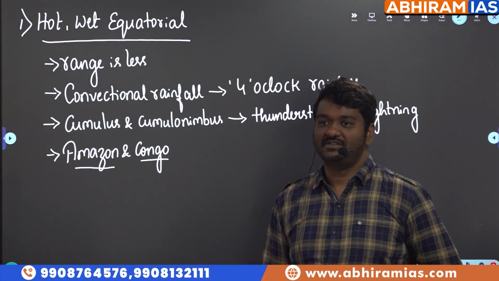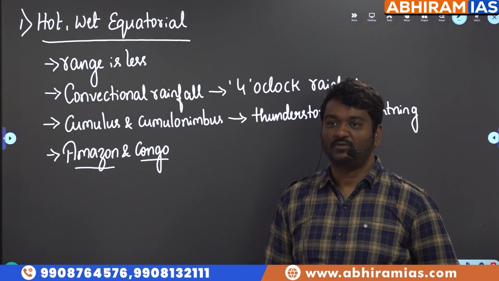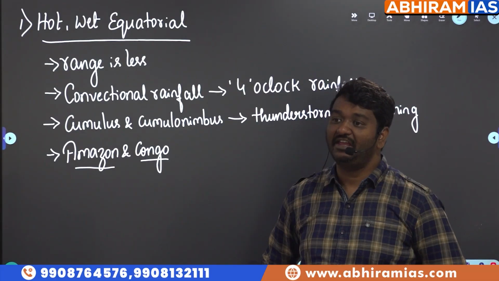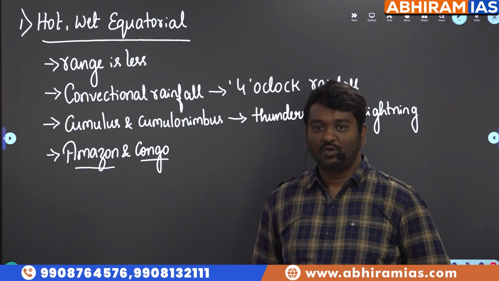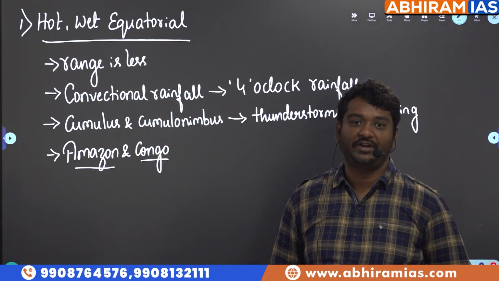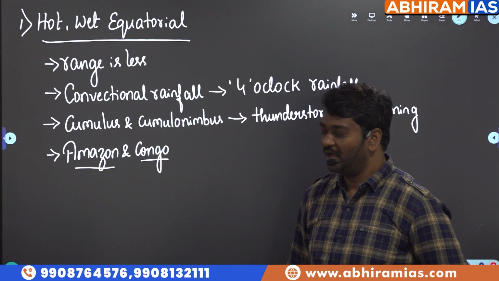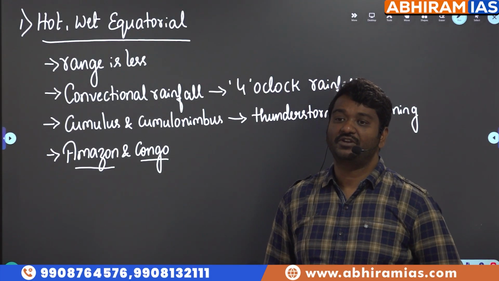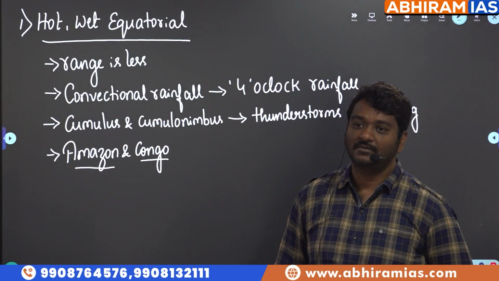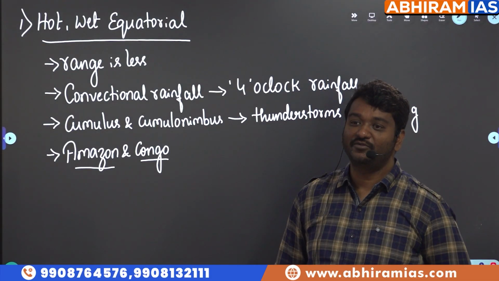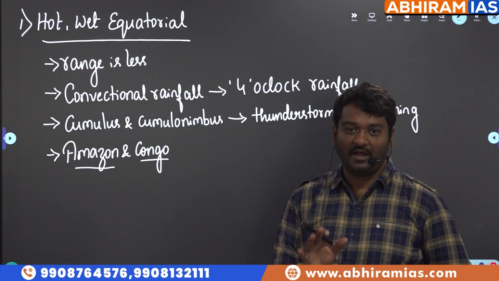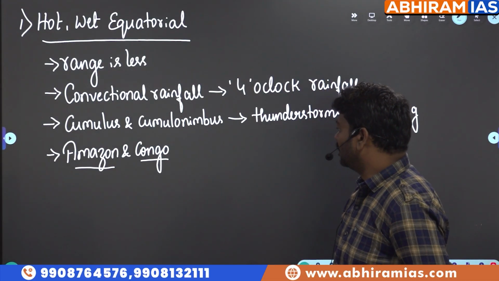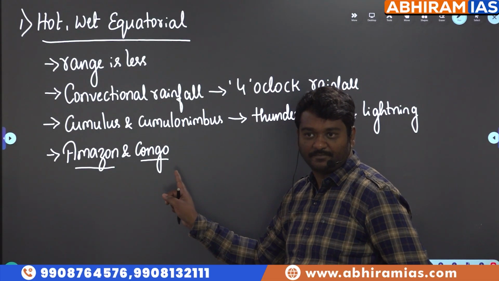Actually, if you see the last 5-6 years, Africa based questions are more because India is engaging more in Africa. So, physiography of Africa you should read very well. I'll show you what to see. They're asking questions like Orange River flows into which ocean? Zaire River flows into which ocean? I'm just trying to tell you, Africa you have to focus a lot compared to others. So Amazon and Congo basin.